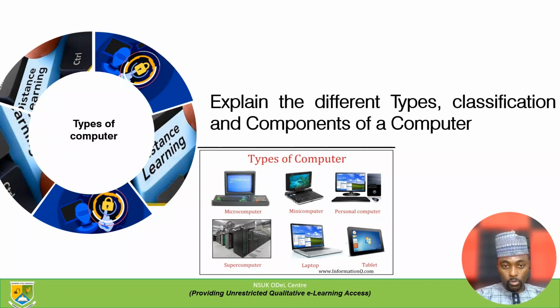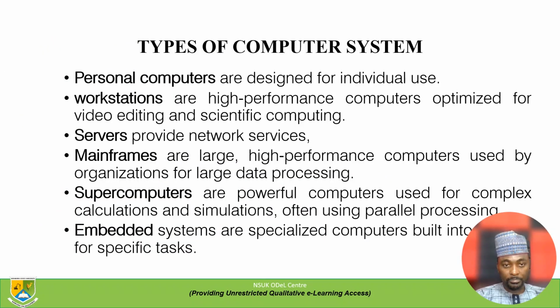So we'll also look at the different types, classification, and components of a computer. Types of computer system. Computers can actually take different forms. They can take the form of personal computers, which are designed for individual usage.